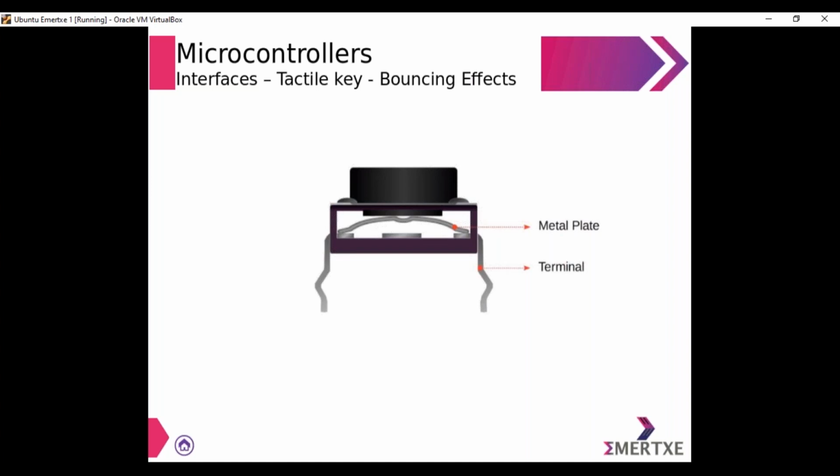If you can see, there are three different terminals here, and there is a half cut metal plate which has already been connected to two terminals. Now when you press the switch, the pressure is applied on the metal plate.